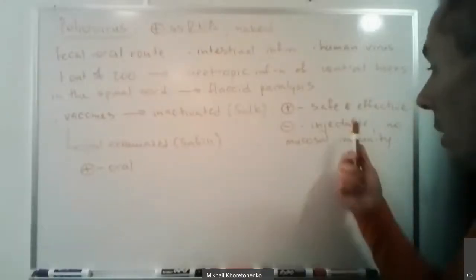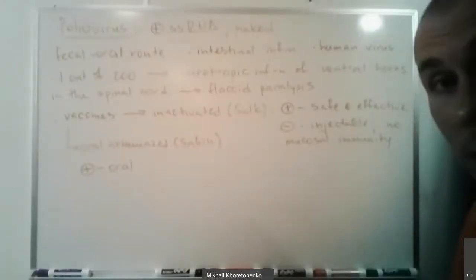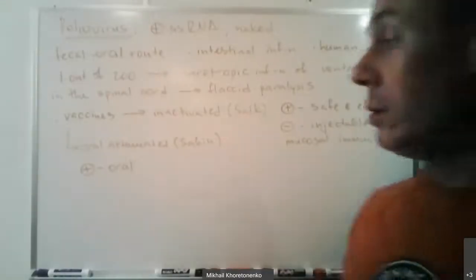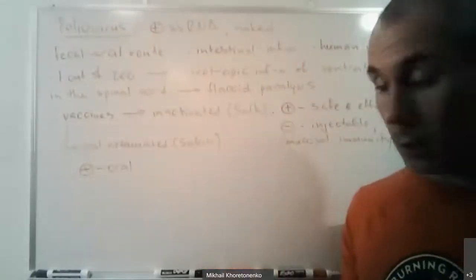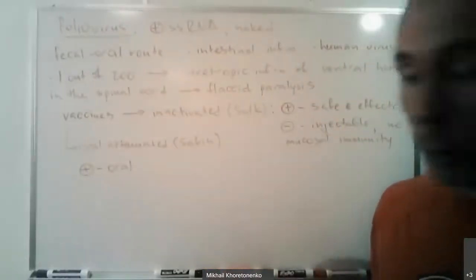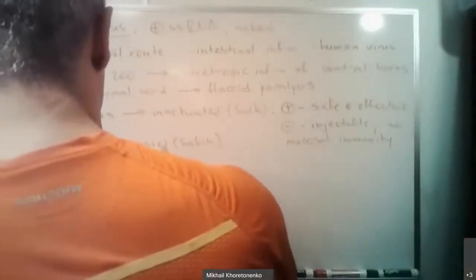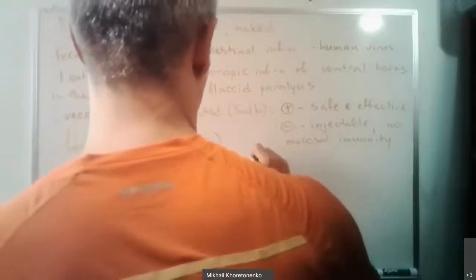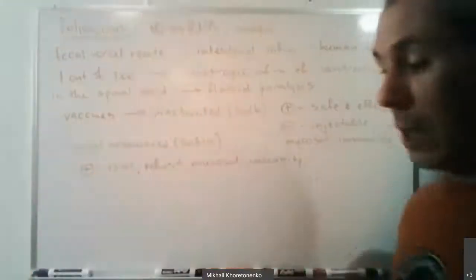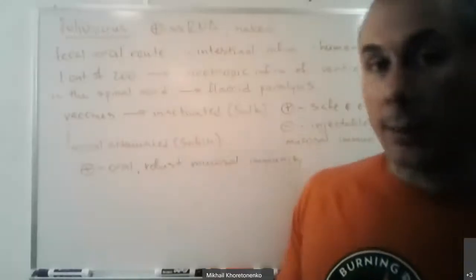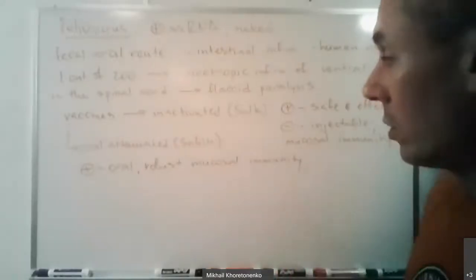You can imagine, injection has to be done by a trained professional. You can give an oral vaccine. I can do it. Everybody can do it, okay? Just give a drop. And it provides a robust mucosal immunity. I mean, massive amount of immunoglobulin A in your gastrointestinal mucosa. Negatives.